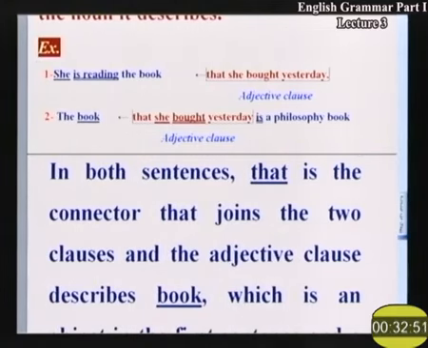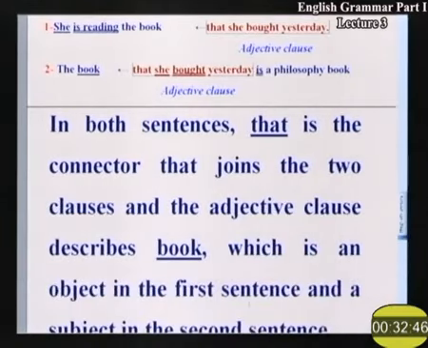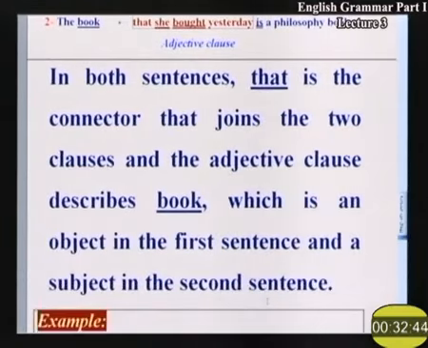And the adjective clause describes book, which is an object in the first sentence and a subject in the second sentence.